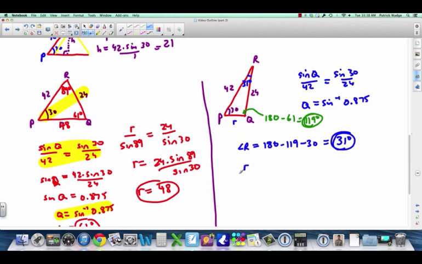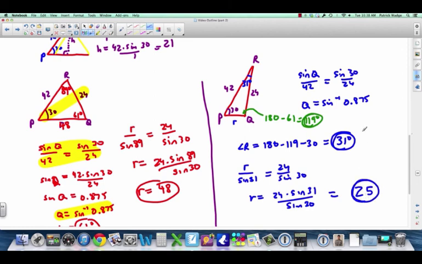So you do R over sine 31 equals, you can use either pair you want, I'll use this one, 24 over sine 30. So r is equal to 24 times sine 31 all divided by sine 30. And if you divide that, you will get 25. And we're finished.